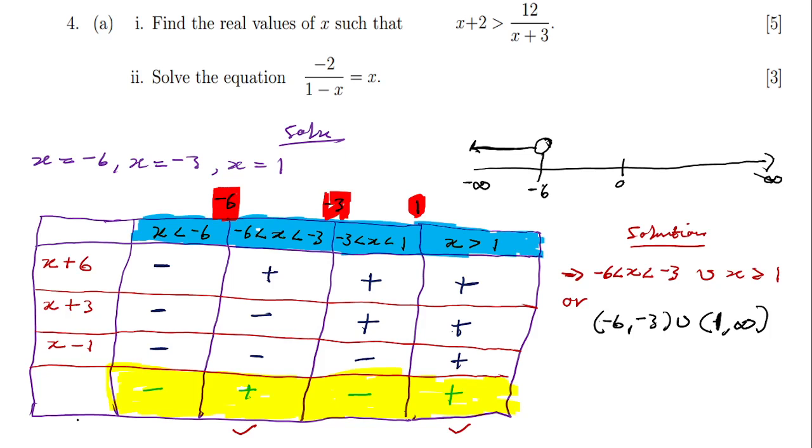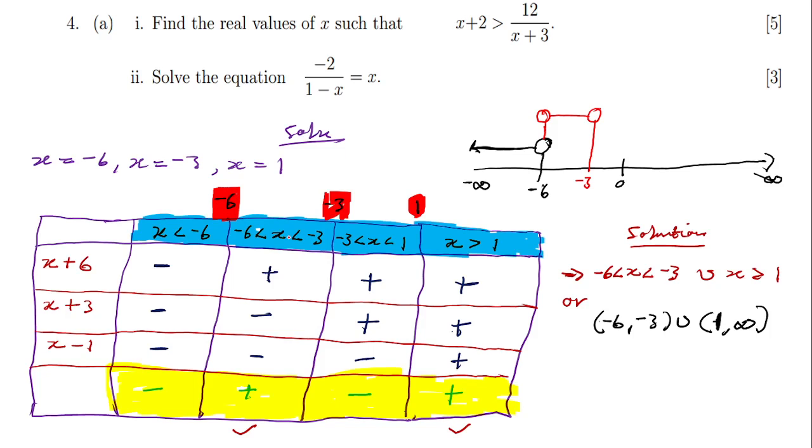Then the other part you haven't gotten is in between -6 and -3. If you pick that part, you need to understand that for this particular part, -6 is less than x, which is less than -3.